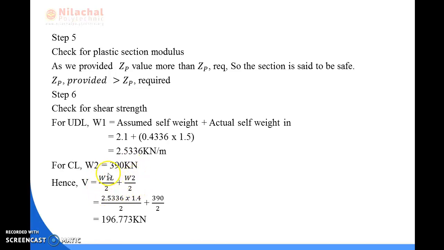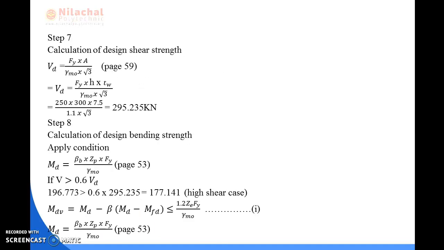So by putting the W1 value, that is 2.5336 into 1.4 divided by 2, plus W2 which is 390 divided by 2. Hence the total shear is calculated as 196.773 kilonewton.